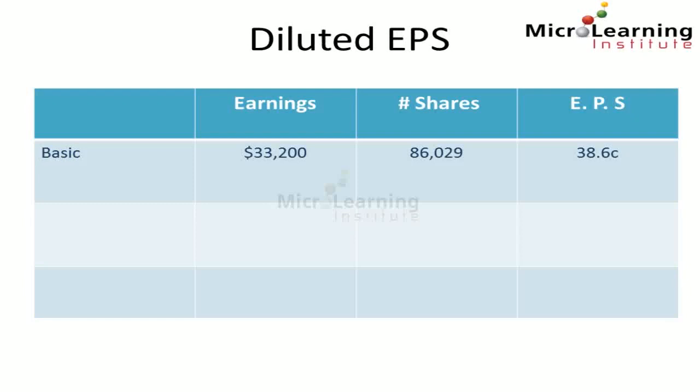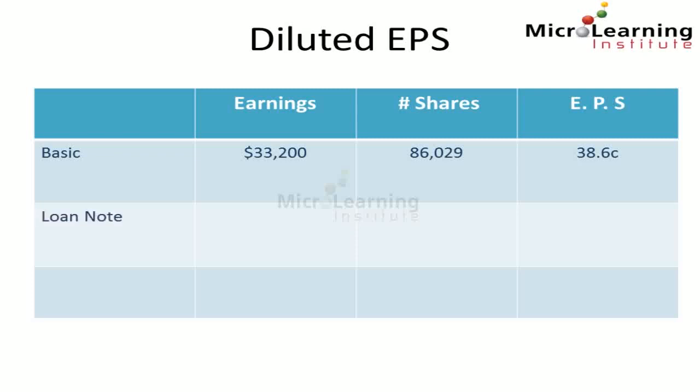Again, we're just restating the basic position here, where we had earnings attributable to basic earnings per share of $33.2 million, a weighted average number of shares of 86.029 million, and basic earnings per share of 38.6 cents. But we now need to consider the potential shares that might come into circulation.